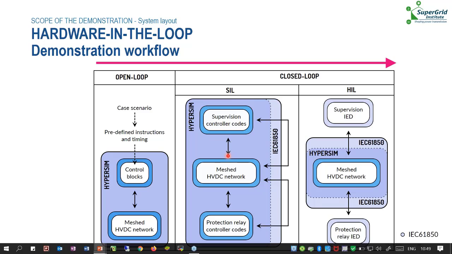Finally, we reach the hardware in the loop tests, where the supervision and protection algorithms are embedded on their respective hardwares, so they become what we call IEDs. They are interfaced to the simulation that's still running in HYPERSIM using an input-output interface that in our case is IEC 61850.